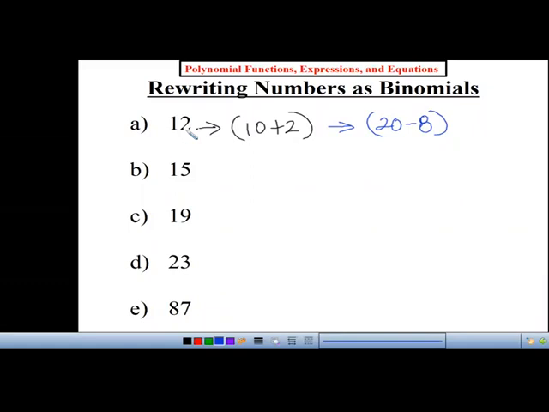Yeah. Okay. Let's do this one together. 15. How can we write 15? 10 plus 5. Okay. How about using subtraction? What can I write? 20 minus 5. Okay. You're like, Mr. Q, this is too easy.